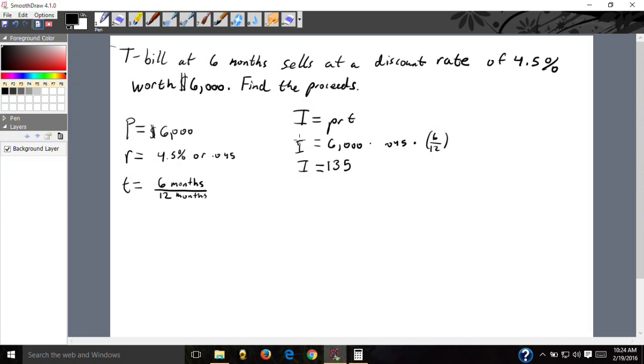Now, just to demonstrate something really quick, this is the amount I'm going to deduct from my principal amount. So, it's going to be actually my proceeds, which I'm going to denote as D, or the discount, is equal to the principal minus the interest.